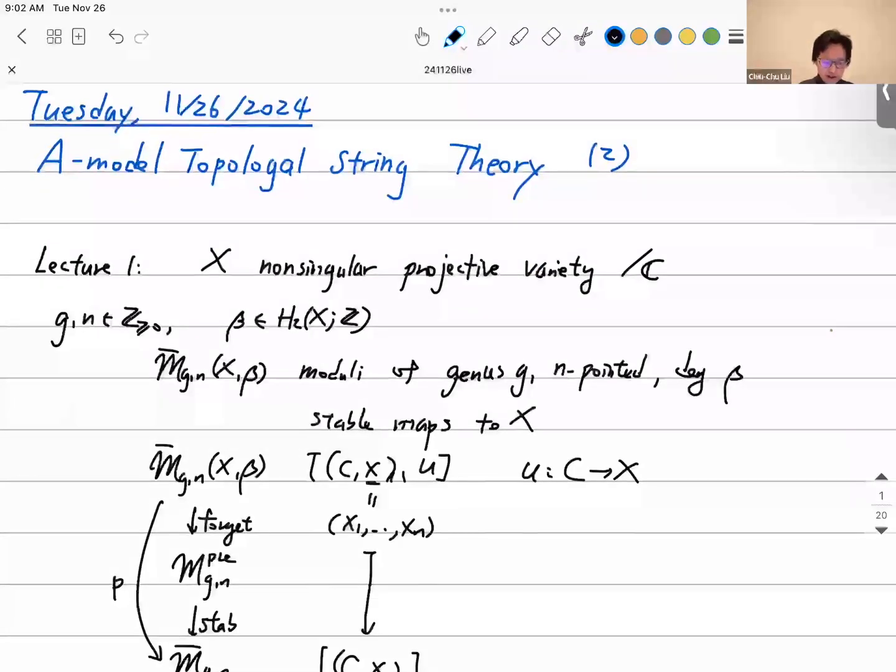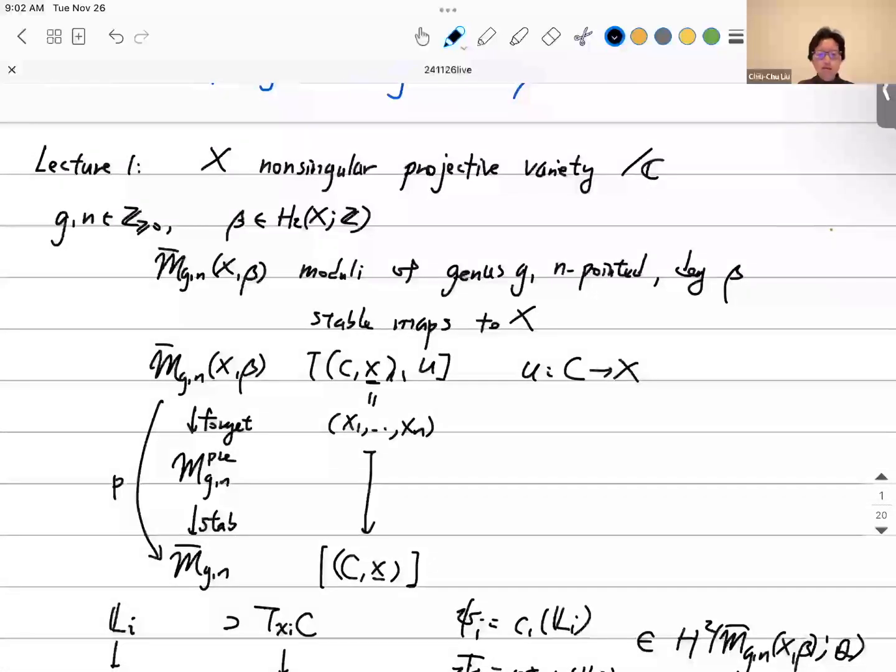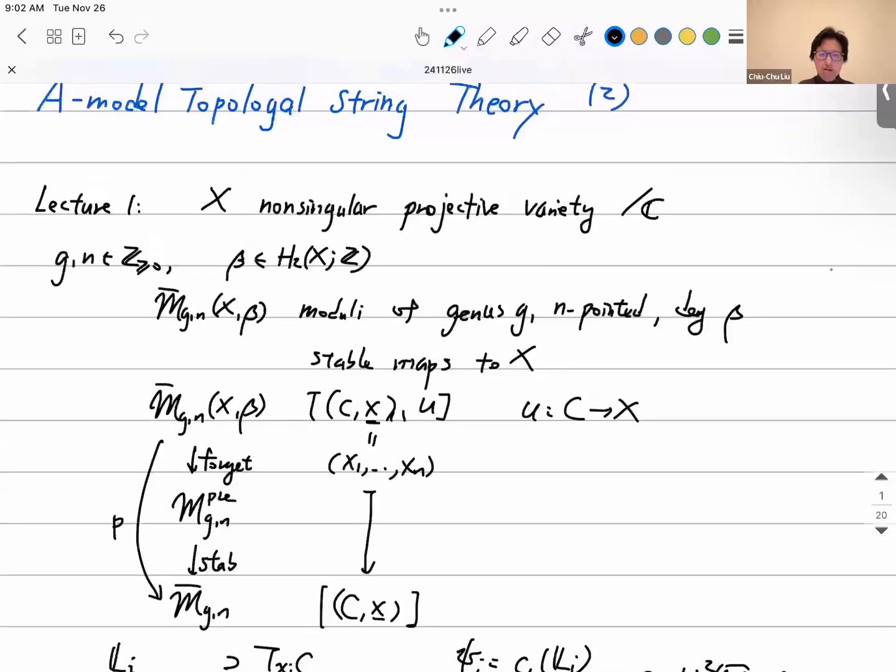Recall the setup in lecture 1: we have a non-singular projective variety over the complex numbers, just a complex projective manifold.